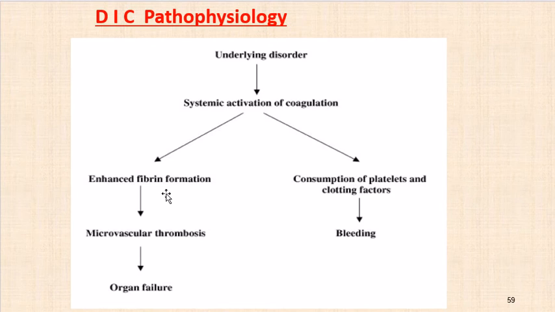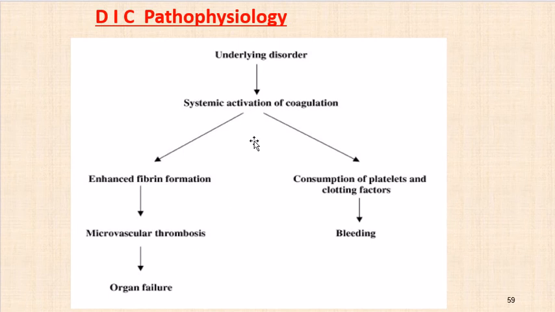That is, within small vessels of the body, a large number of small thrombi are formed, and this will lead to ischemia of the organs, ischemia of the tissues, and organ failure.